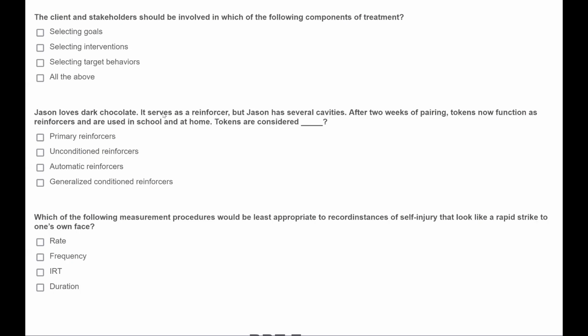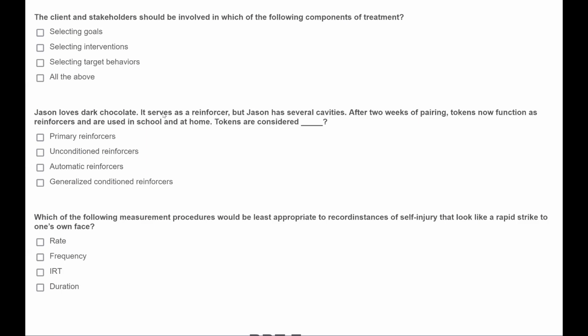To a reasonable limit. Obviously, a capable adult will have more say than a 5-year-old. But that doesn't mean we exclude the 5-year-old from everything. Same with stakeholders, parents, grandparents, siblings, people involved in the client's life. This affects them as well. They are absolutely part of the team and absolutely should be involved in parts of treatment. So what components? Should they help select goals? Sure, right?